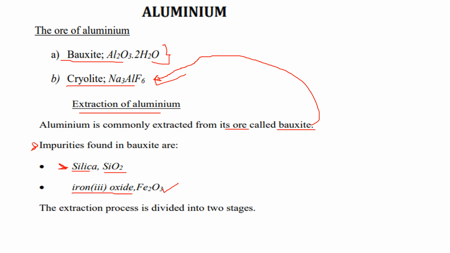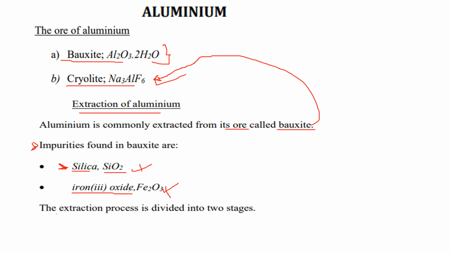For those of you who have been getting confused, the most appropriate one is iron 3 oxide. So iron 3 oxide and silica or silicon 4 oxide are the major impurities in the bauxite that we use to extract aluminium.